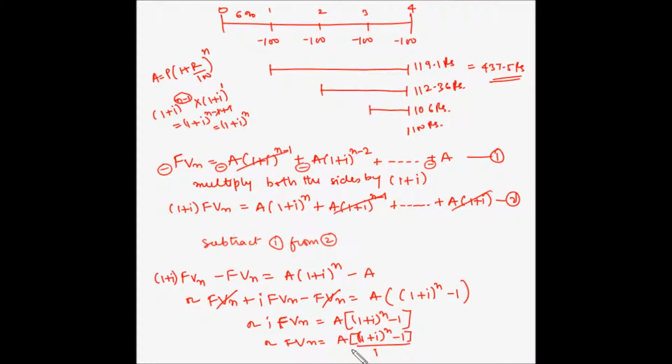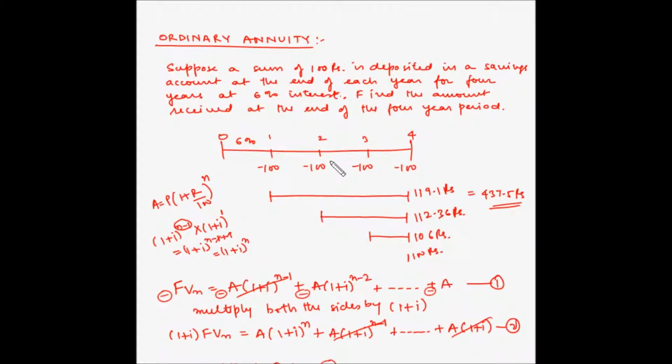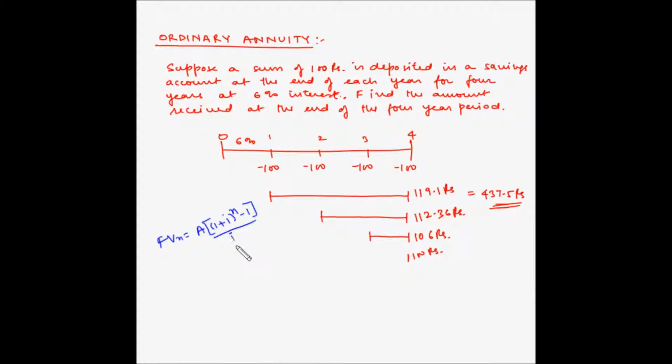So now let's use this formula for this example and see if we can get the same answer here. So here A is the amount of money being deposited on a regular basis. So A is equal to 100 rupees. I is the rate of interest, which in this case is 0.06.